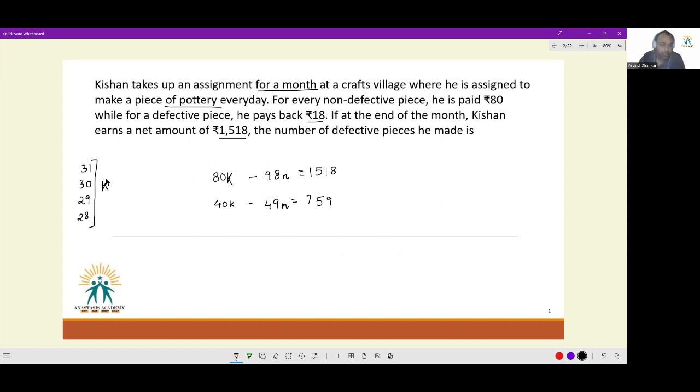I'll start off by putting k as 31. 40 into 31 is 1240, minus 49n is equal to 759. This is when k is equal to 31. Or 49n is equal to 1181 minus 700, so 481.